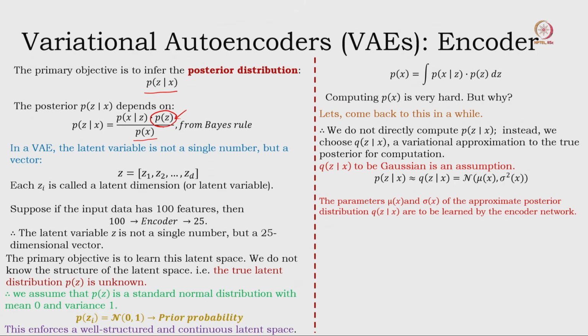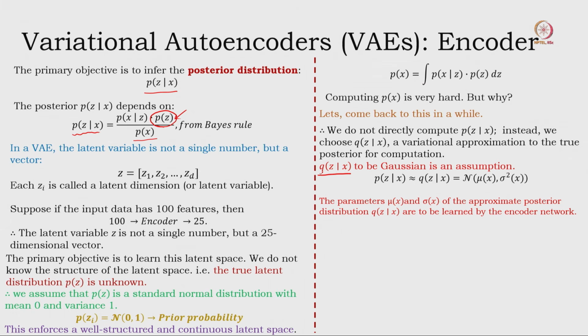The reason we have still not explored, but we know that P of x calculation is very hard. Because P of x calculation is very hard, this P of z given x cannot be computed directly. If you cannot compute this directly, then how are you computing it? You are computing it by considering an approximation. So, q of z given x. Since the term p we have already used, we are using the term q.